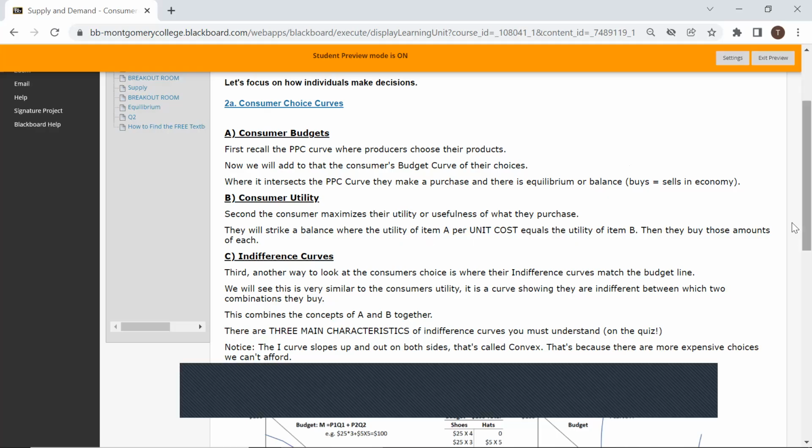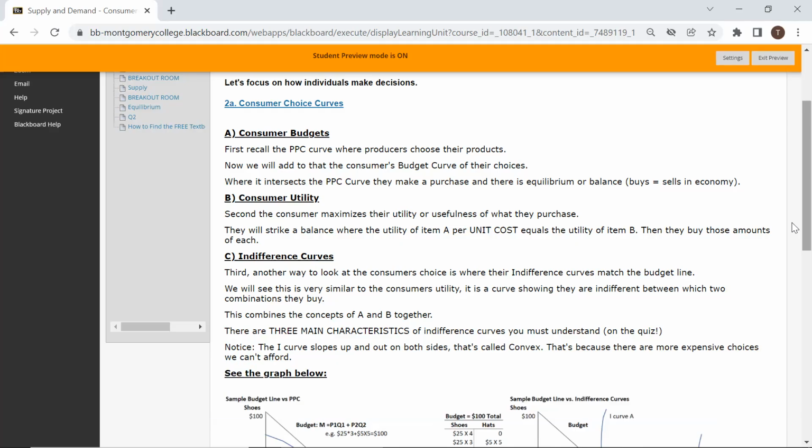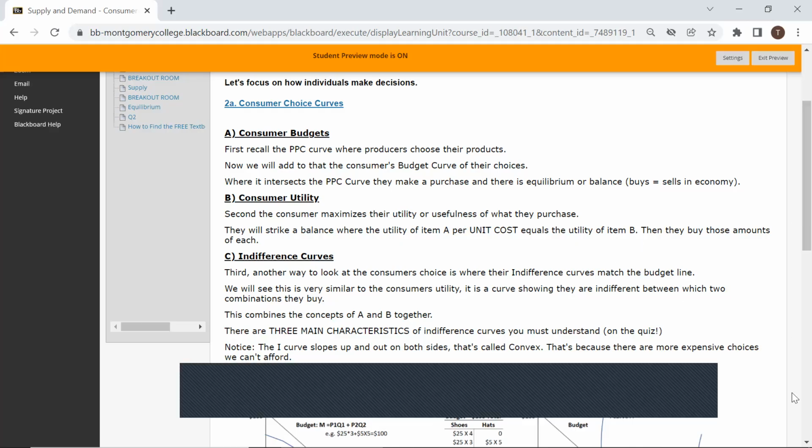That's where the two curves meet. The PPC curve is going to offer you a choice between a steak and vegetables at a certain price, and you will choose on your budget what you can afford. Where your budget line meets the PPC line, where you can afford the steak, if you like that, then that's the price at which you will buy.